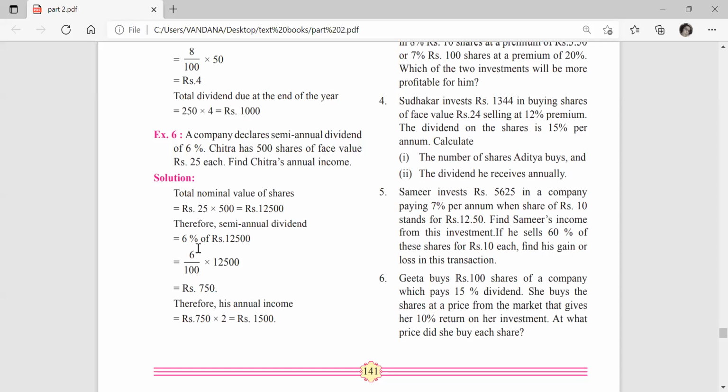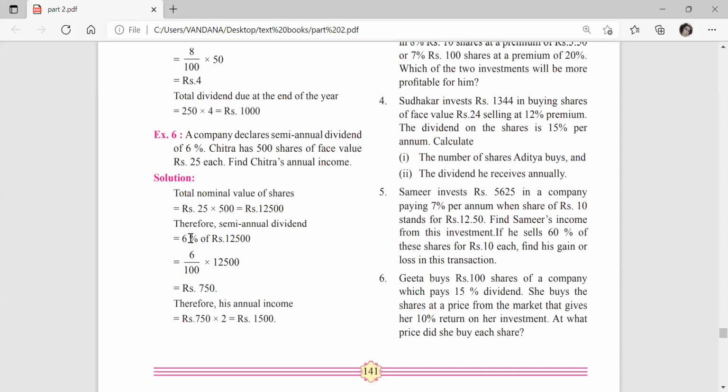Sum number 6. Geeta buys rupees 100 shares of a company which pays 15% dividend. She buys the shares at a price from the market that gives her 10% return on her investment. At what price does she buy? Rupees 100 shares, so rupees 100 is the face value, which pays 15% dividend.